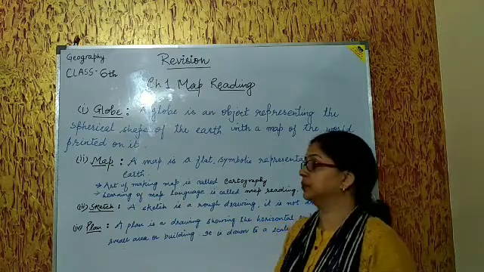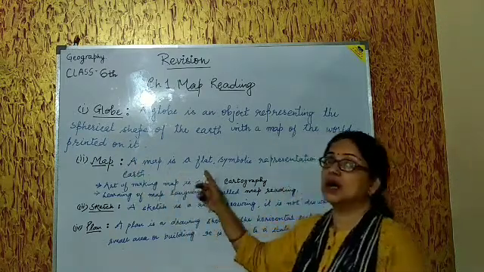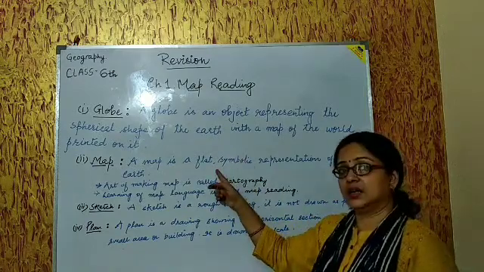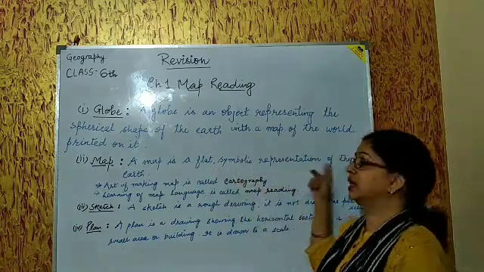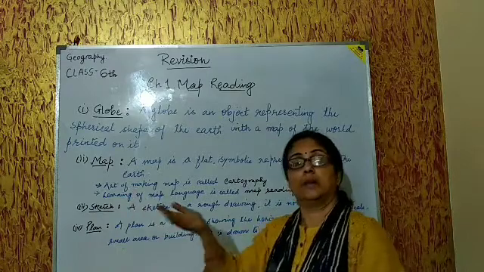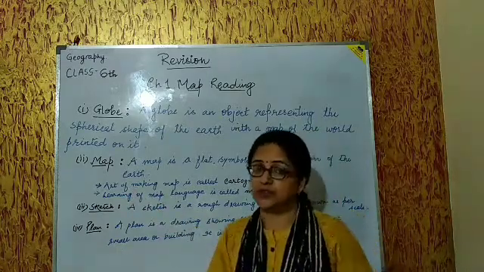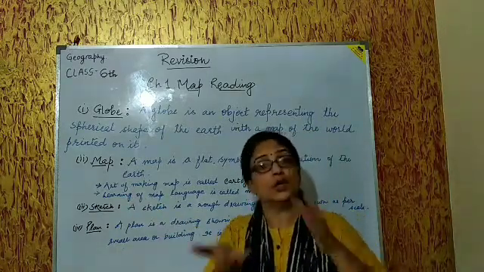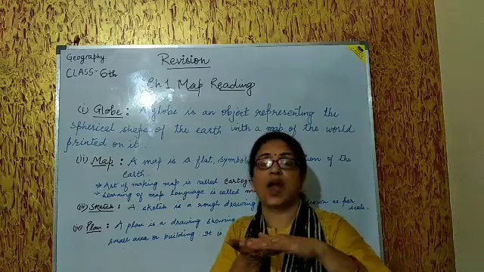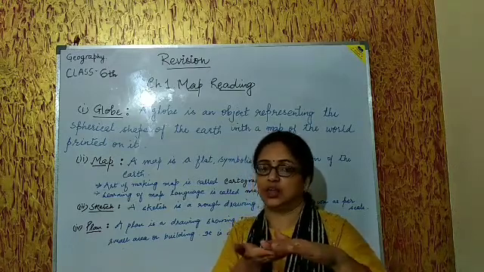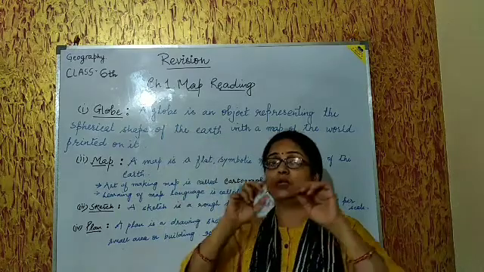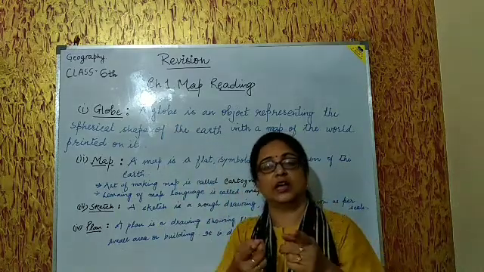Next is the map. What is a map? A map is a flat symbolic representation of the earth. You all have seen a map. It is flat in shape, whereas a globe is spherical in shape.